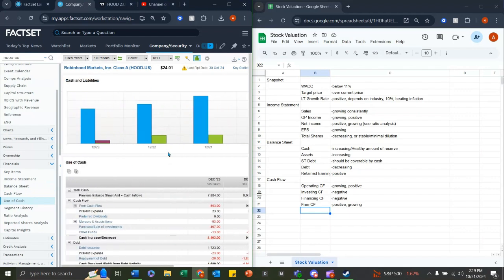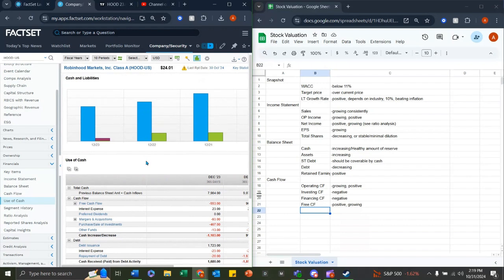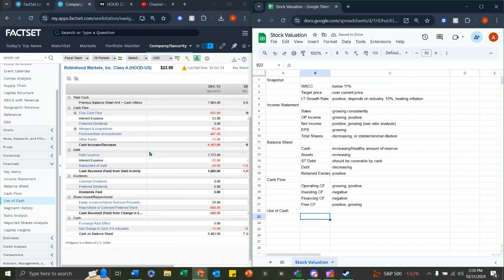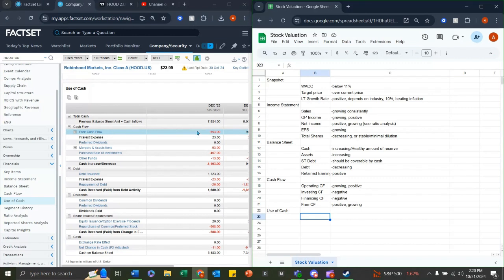Okay, so it's not the greatest when it's the tiny screen here, but we'll get into it. Use of cash. So what you want to see here, again, I could restate positive cash flow, but really it doesn't need to be restated. I mean, it's literally right there.